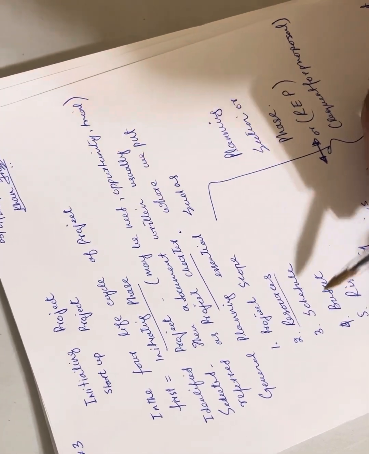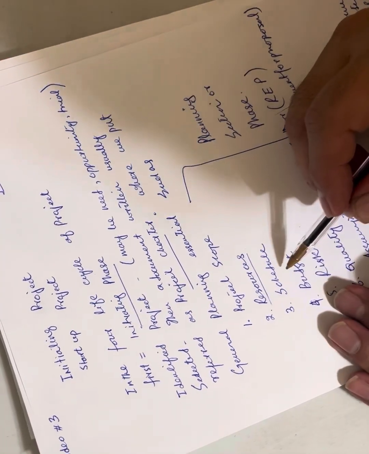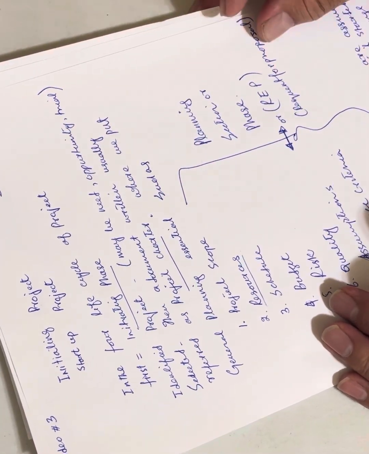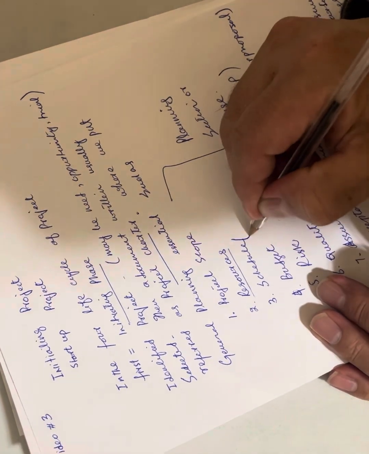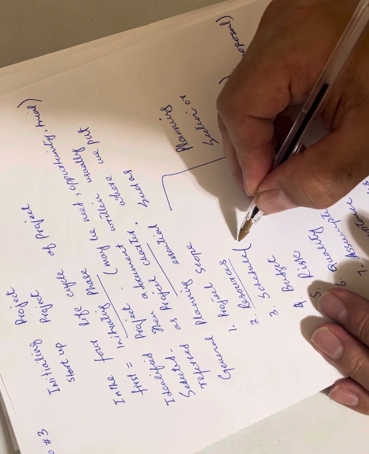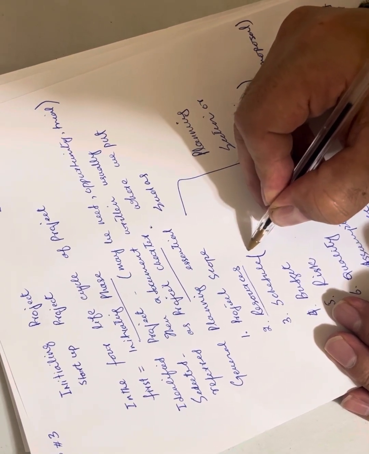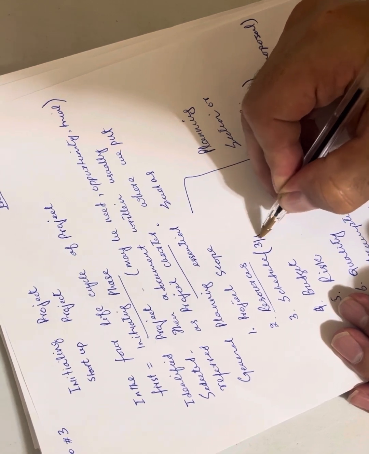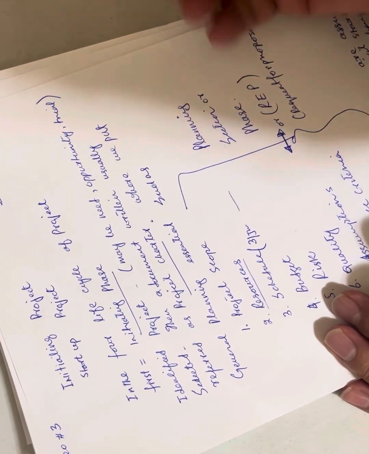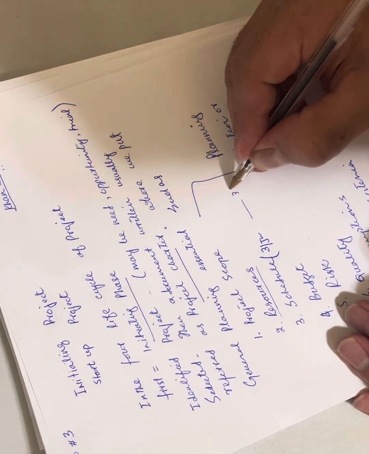And then the next one is schedule. Schedule is the activities, and we put in the duration. For example, it's a 3-month project and it will start from today, like 3rd January, and run through January, February, March, to 3rd April.